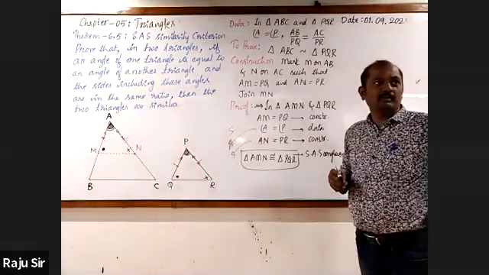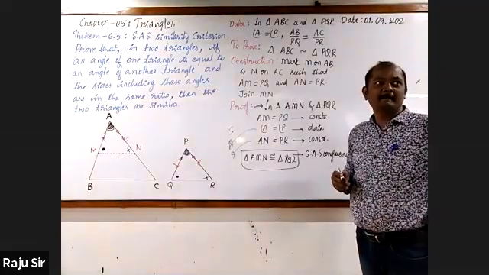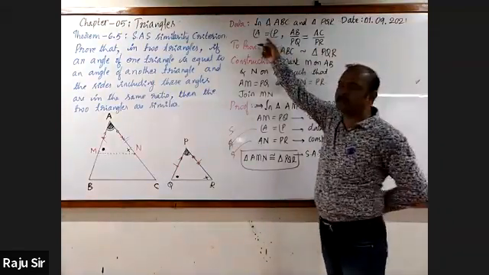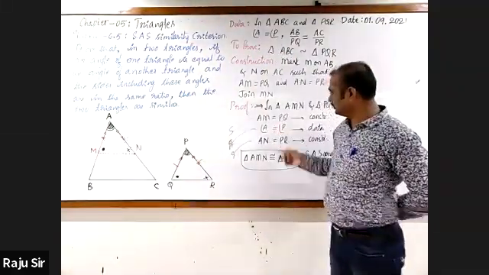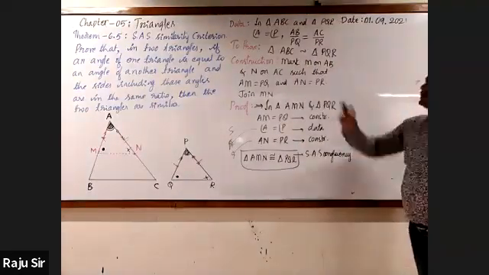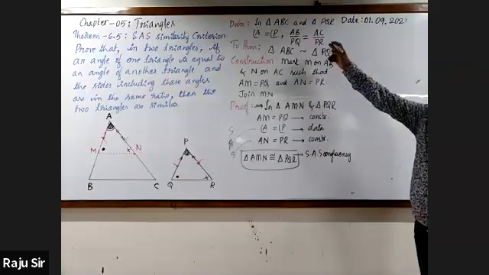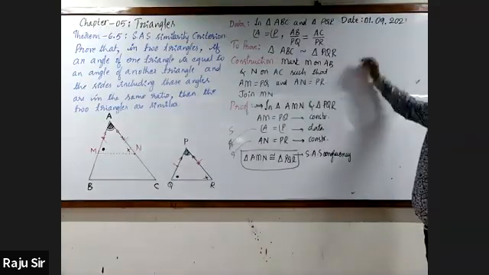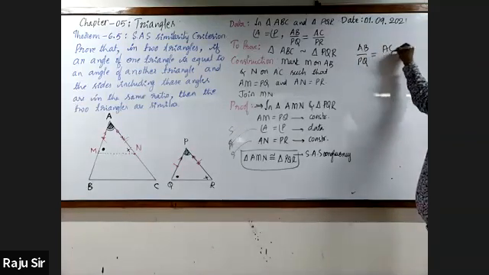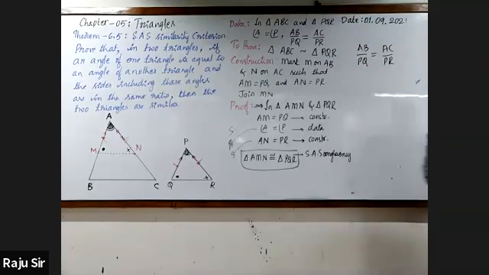Okay, let's not waste time. Let's use the data. You already used angle A equal to angle P to prove the two triangles as congruent. Next we have the possibility of the two ratios. Please don't write, observe them. Here AB by PQ is equal to AC by PR.